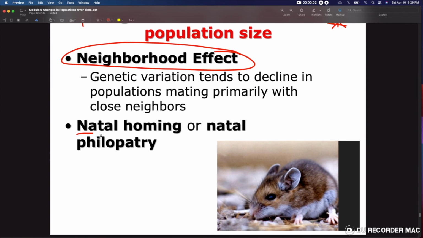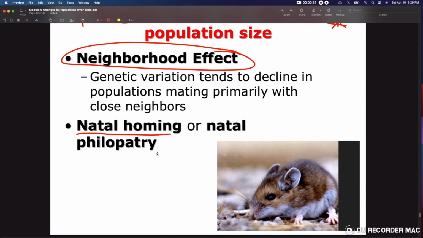So we also have this what we call natal homing or natal philopatry. These are exhibited by certain organisms naman that has this homing process. Kung saan yung adult individual of that animal, that species, return to their birthplace to reproduce. This is, for example, your aquatic animals, no? Like your turtle and your salmon, Pacific salmon.